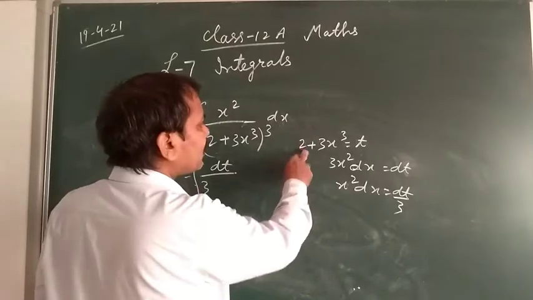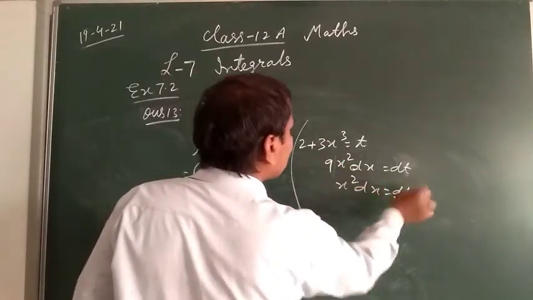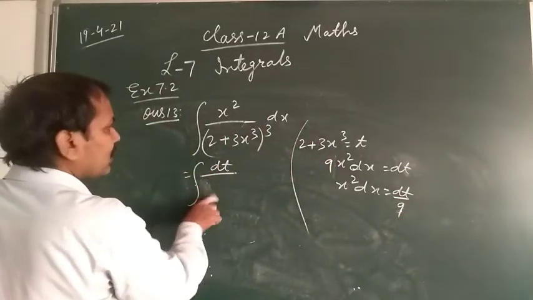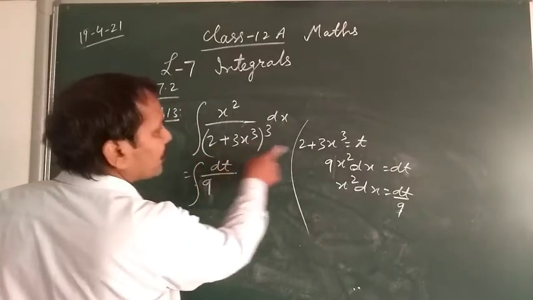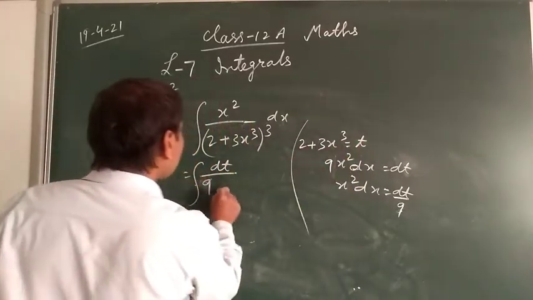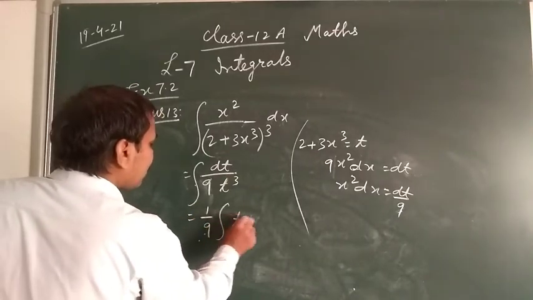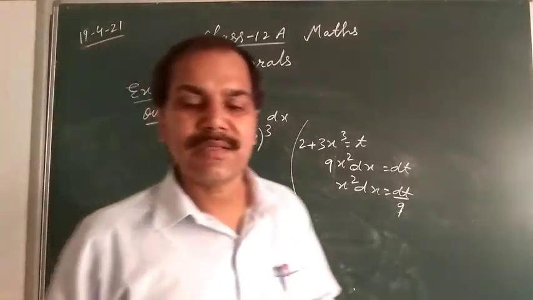Clear? So 2 has differentiation 0, so this will be 9x square dx equal to dt. So x square dx is dt by 9, and 2 plus 3x cube power is 3, so 1 by 9 t power minus 3. Apply the formula and then integrate it.